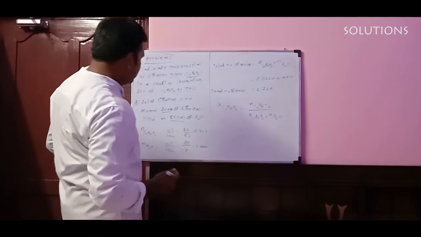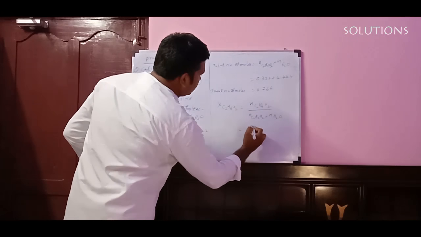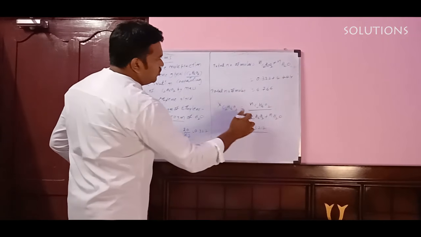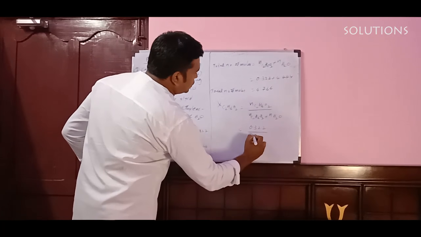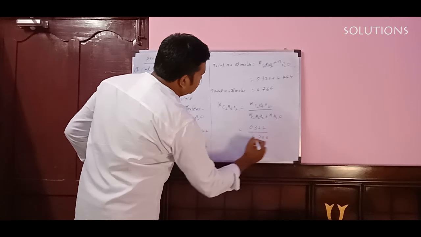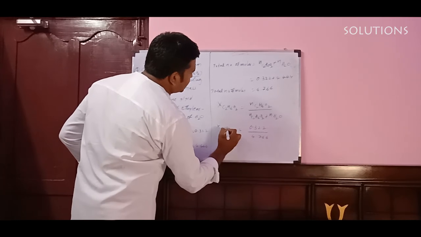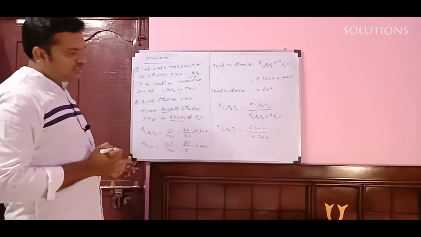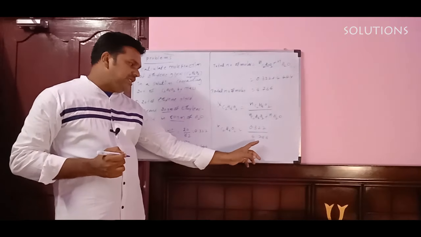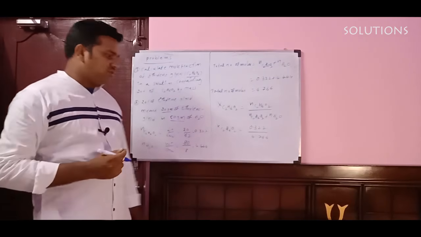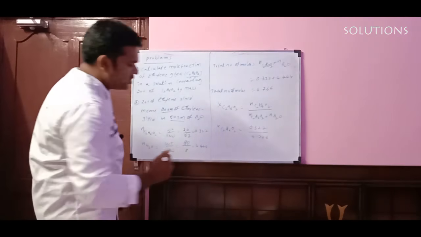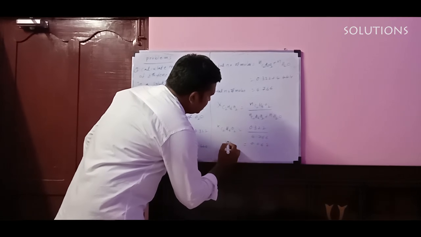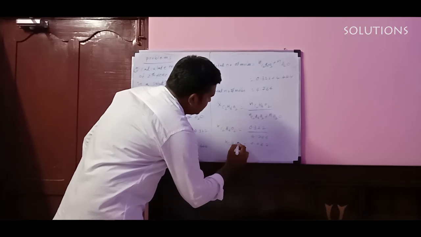The number of moles of glycol we have is 0.322, by total number of moles, which is 4.766 only. So mole fraction of C2H6O2 is 0.322 by 4.766, and you will get 0.067.